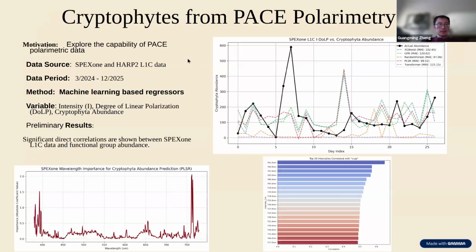So she basically matched up the abundance of one type of phytoplankton, a cryptophyte here, and then tried to predict that abundance using various machine learning models after she played with feature importance.